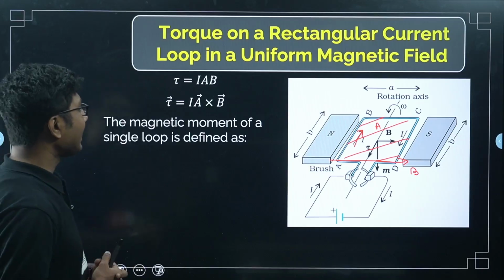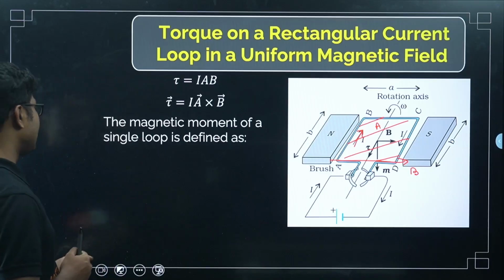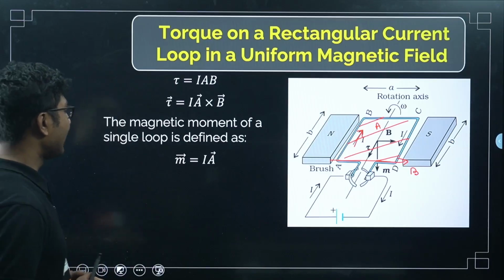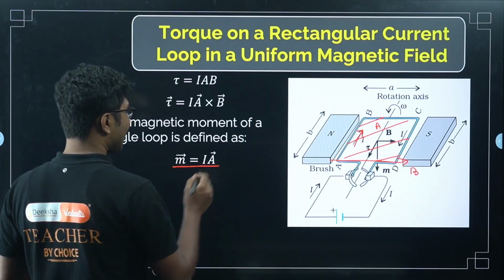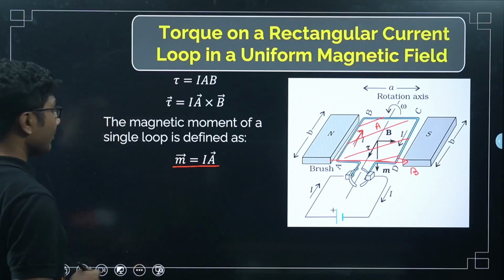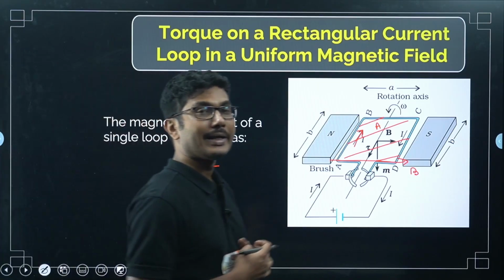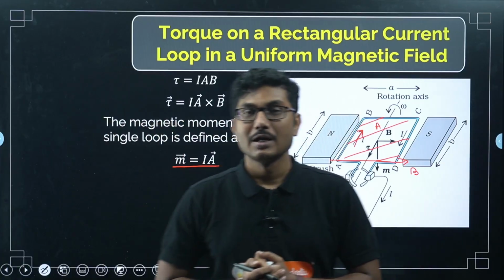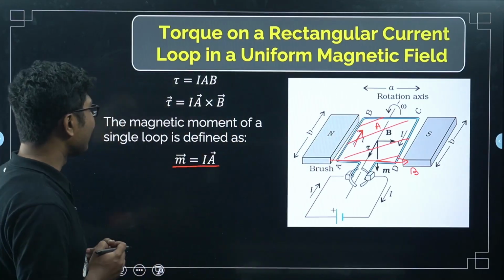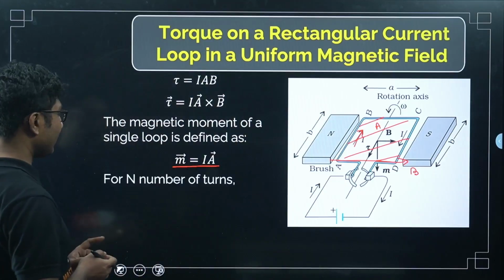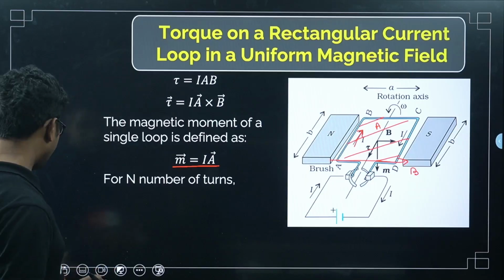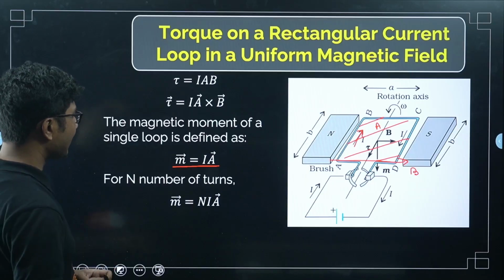Now the magnetic moment of a single loop is defined as I times A. This is very important. We have not discussed anything about magnetic moment or magnetic dipole yet, so you might be wondering why I am defining this, because there is a similarity. For N number of turns the magnetic moment is given by NIA.